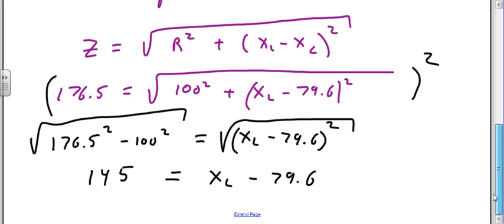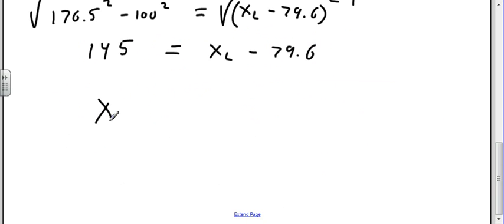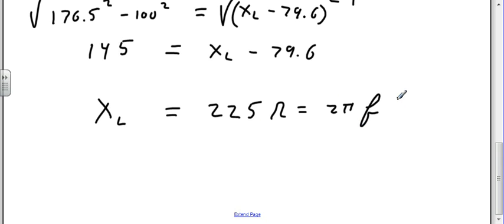All right, so now we're getting somewhere. X of L is 145 plus 79.6, and that's 225 ohms, which is also 2 pi f L. And what we're looking for is L, the inductance.